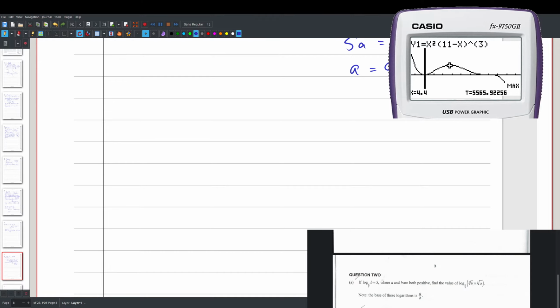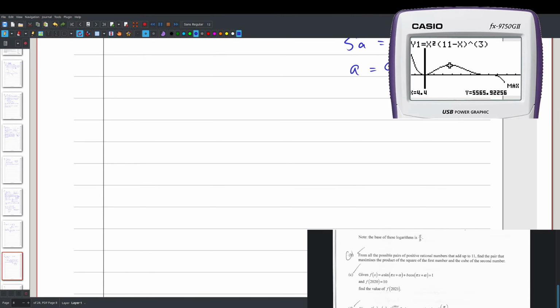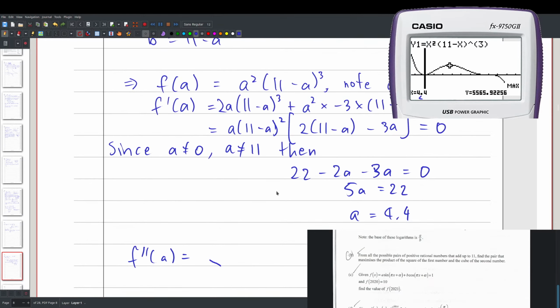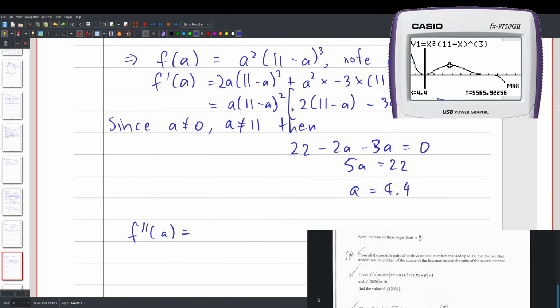Then, what did they ask you to do? You just have to calculate it, right? Find the pair. Hence such a pair. Second derivative. Let's go. Second derivative of this is, really can't be bothered, such a pain.